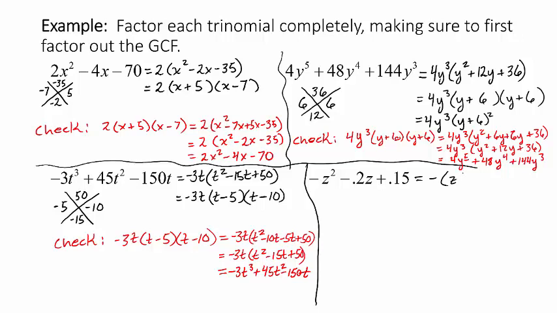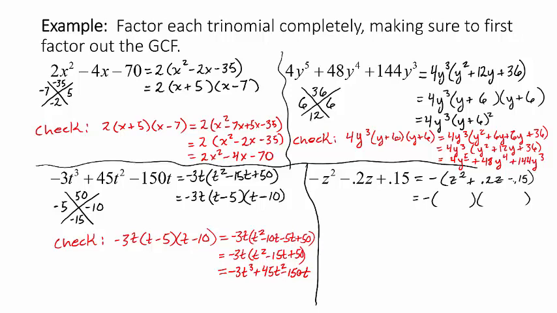When we factor out a negative, all of the signs change, so our trinomial is going to be z squared plus 0.2z minus 0.15. With that negative out front, we're going to see if we can factor this. I know it looks a little bit weird with these decimals, but I think we can do this.